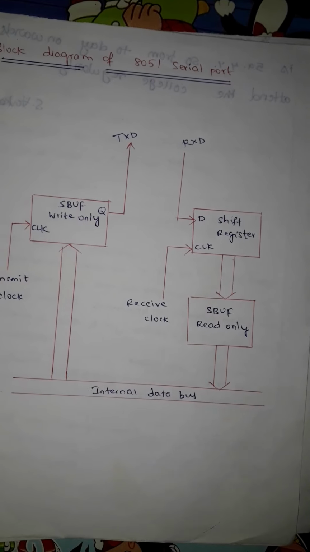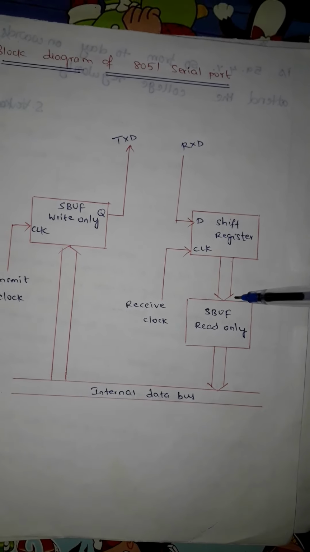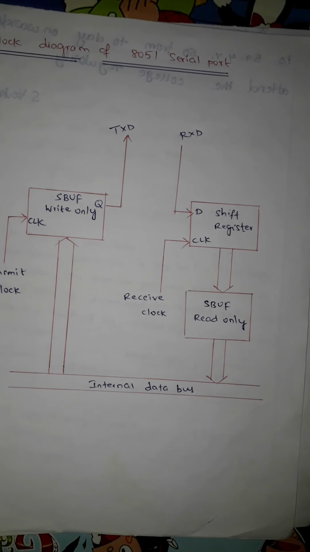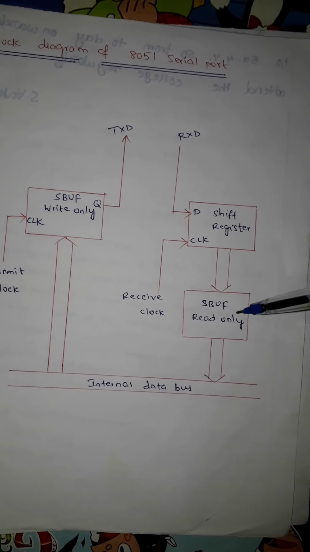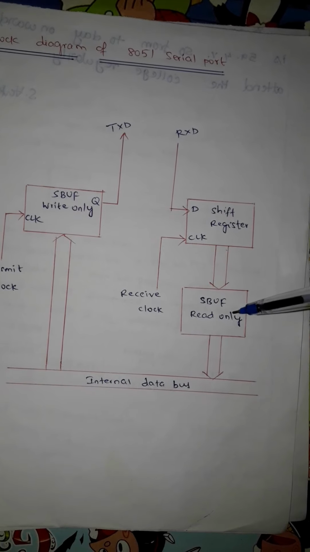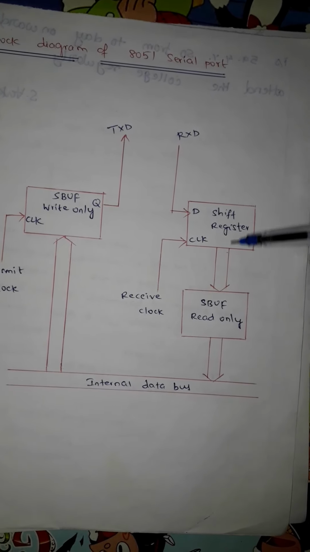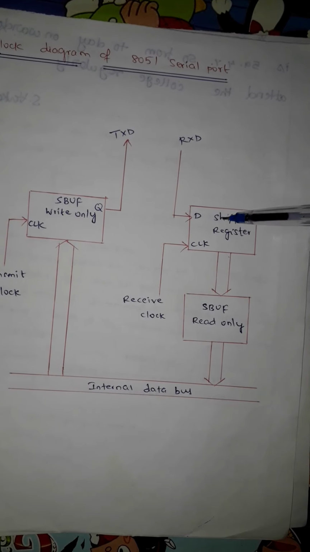Once the data is received into the shift register, it is transferred to the S buffer read-only register, so that the user can read the data. We cannot directly read the data from the shift register, so it is transferred to the S buffer register and read from there. When the data is available in the S buffer register, you can receive another character into the shift register.